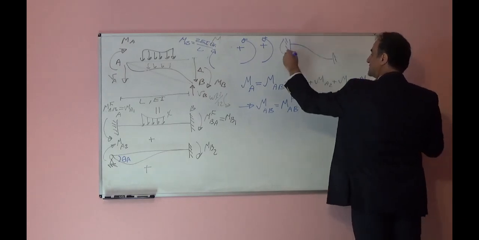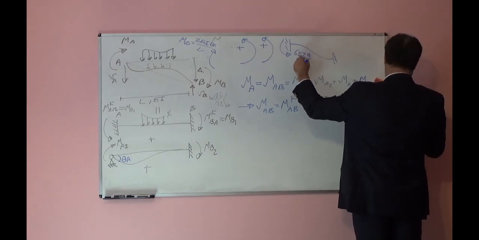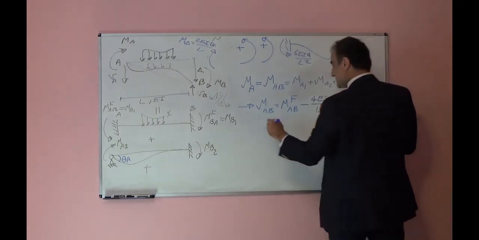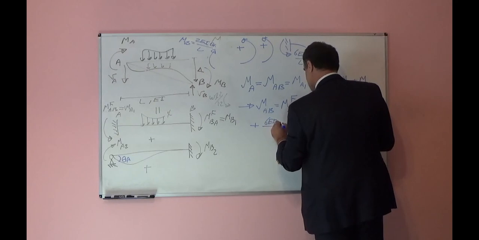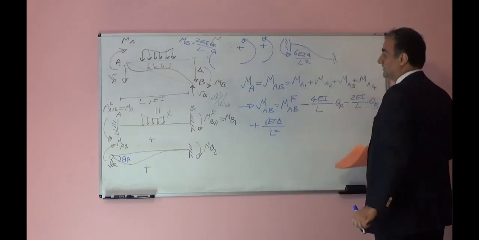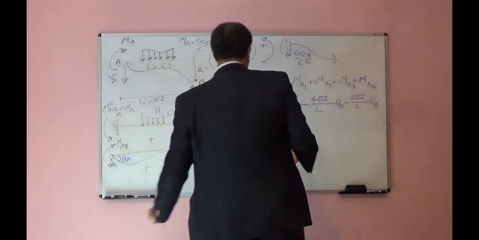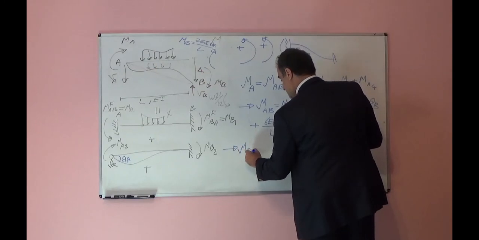This reaction, I find it is 6EI delta over L squared, and this is, you see, counterclockwise, so positive 6EI delta over L squared. This is for the A side. For the B side, you can make similar discussion.